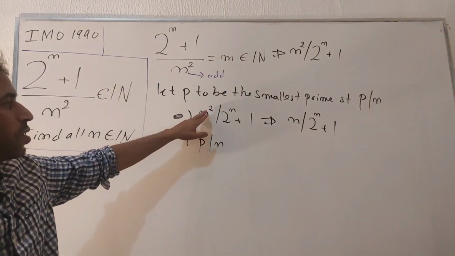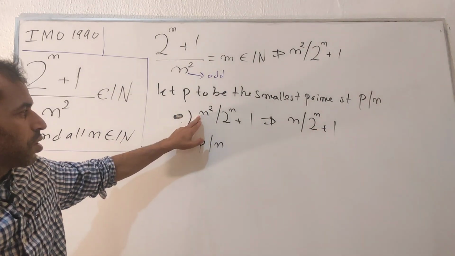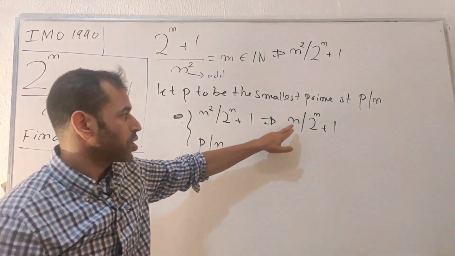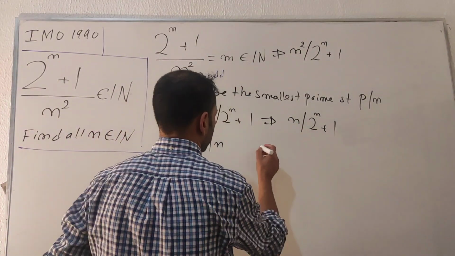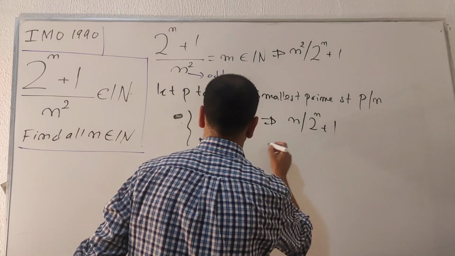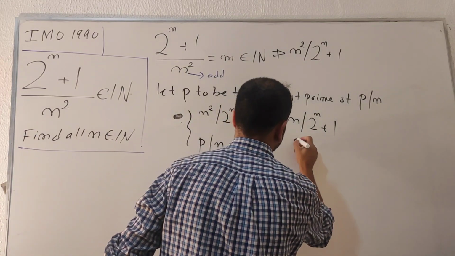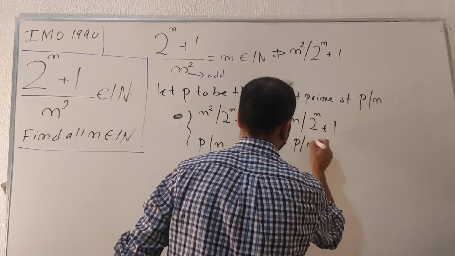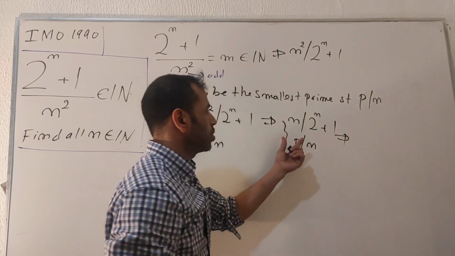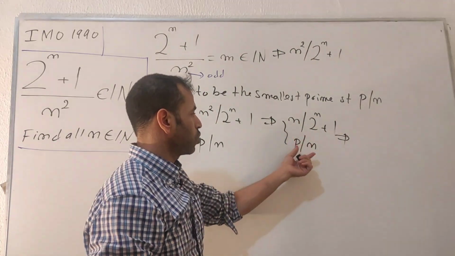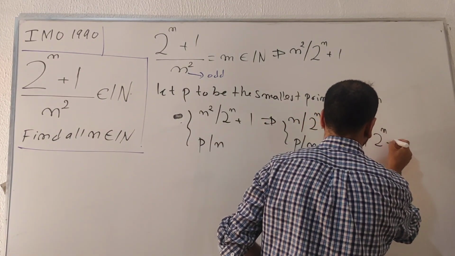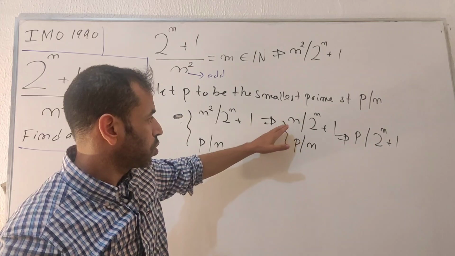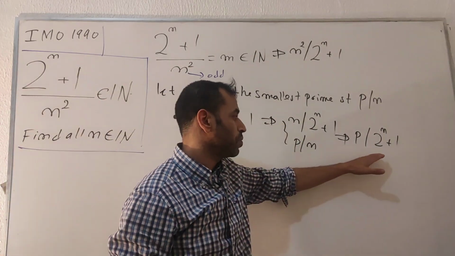The big divisor divides this number, which means the smaller divisor can divide it as well. Taking these two facts together, p divides n, so we can conclude p divides 2 to the n plus number 1. This is called the transitivity of the divisibility property.